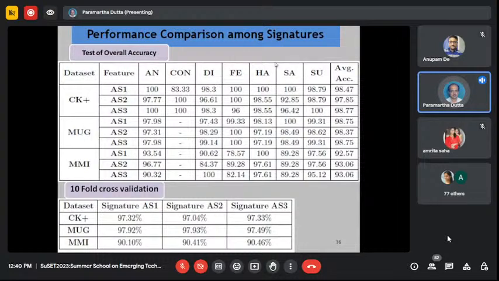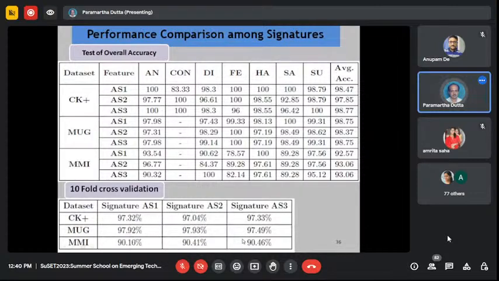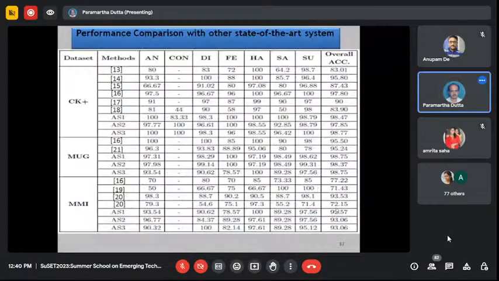So this is the performance comparison. This is basically a comparison in terms of the test of overall accuracy, and this is what is reported with respect to tenfold cross validation. That is the overall reporting of this particular technique compared to other techniques.